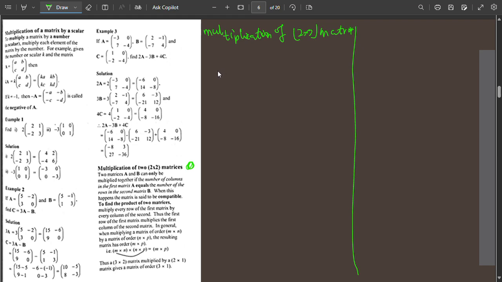Perfect. So let's see. To multiply a matrix, wait. Sorry. We have to begin from here. Sorry. So let's start. We'll start from here. Sorry.